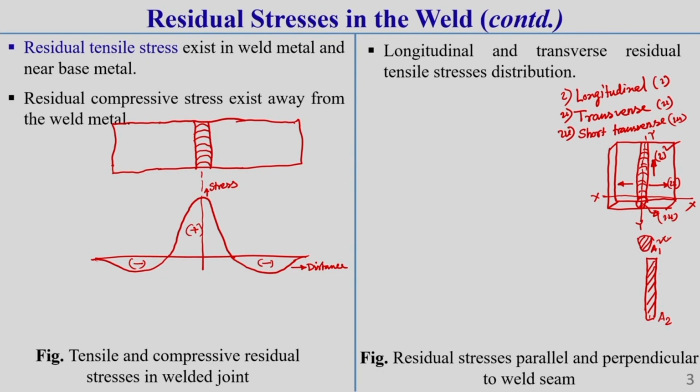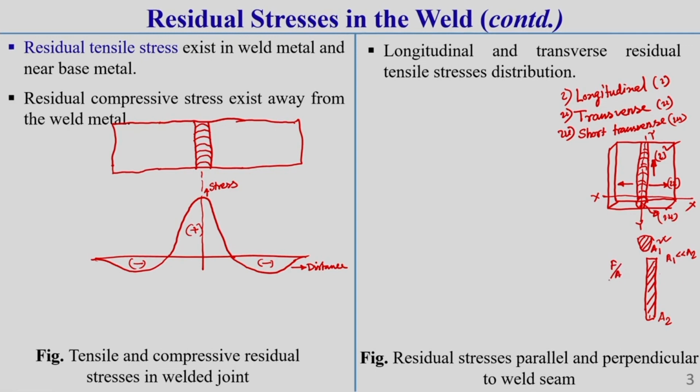So if we take this cross section, here we will get a cross section which is A1. Now you can see this A1 is much smaller than A2. We know stress is equal to force divided by cross sectional area.